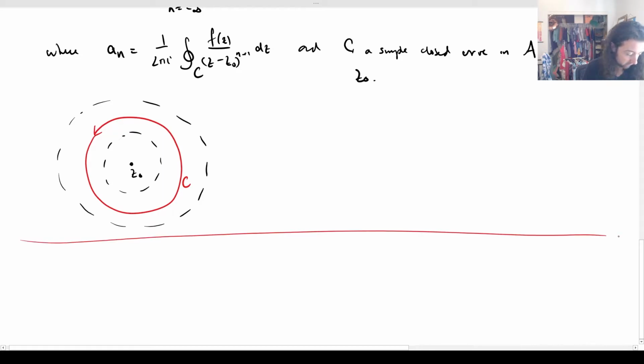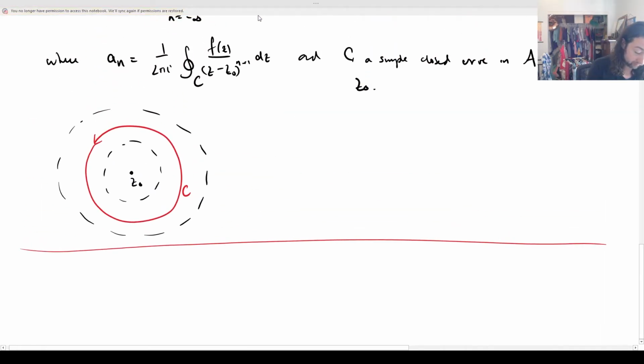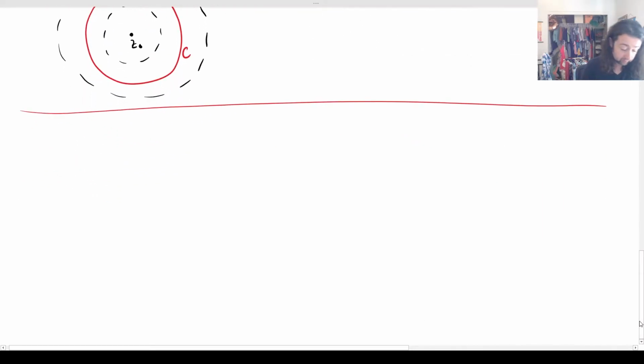So how does a proof of that go? What we're going to do is use an important idea from geometric series. Recall that if the modulus of z is smaller than the modulus of w, then the modulus of z divided by the modulus of w is less than 1.